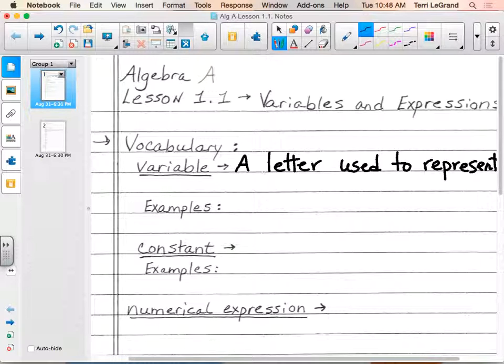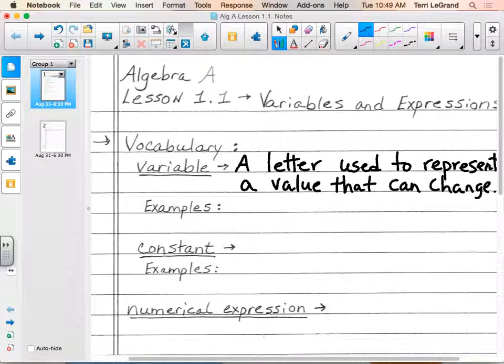This is not optional. You need to be doing it. Okay? And we say a value that can change. So a letter used to represent a value that can change.